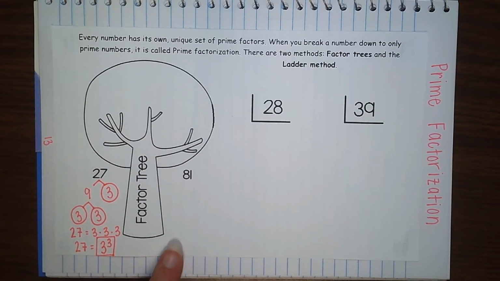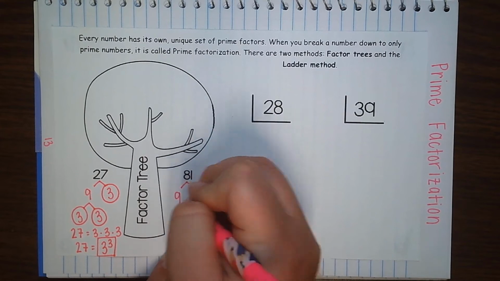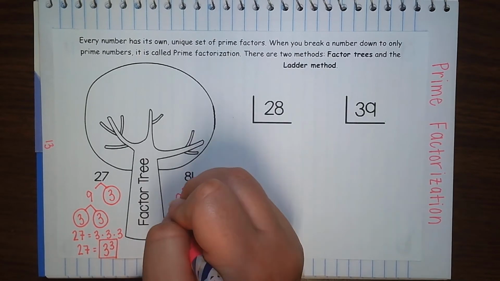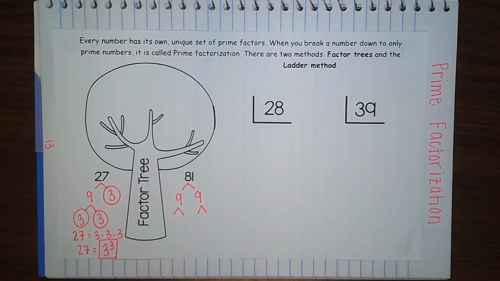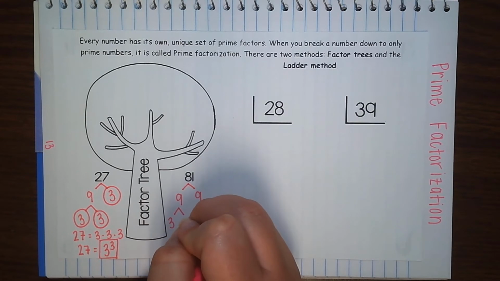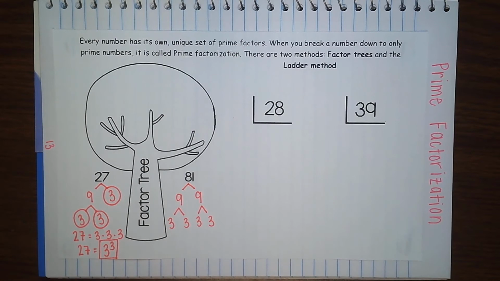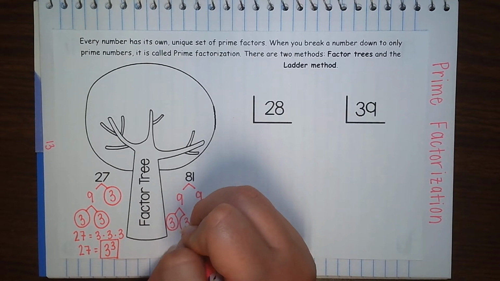Okay, let's try 81. 81, let's break it down to 9 times 9. Neither of those are prime numbers, so we're going to continue to break them down. 9 can be broken down to 3 times 3. 3 is a prime number, so I'm going to go ahead and circle those.